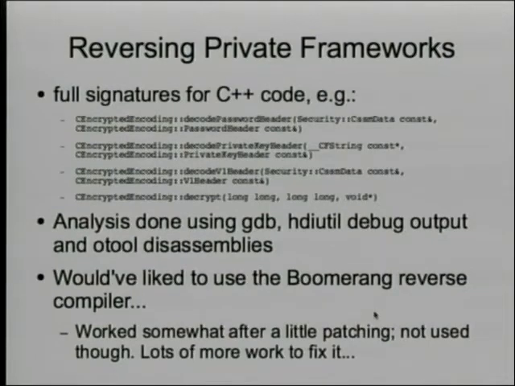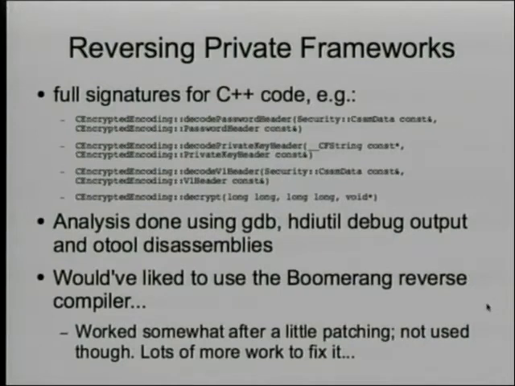So all of the analysis basically was done using otool, GDB, and the debug output of hdiutil. hdiutil, I should add, has a little debug switch, which is great because when you turn it on, it gives you all of the internal steps it has done. It outputs the HMAC SHA-1 key, it outputs the encryption key, so you can verify that you've actually done the right thing when you've reverse engineered and have written your own implementation.